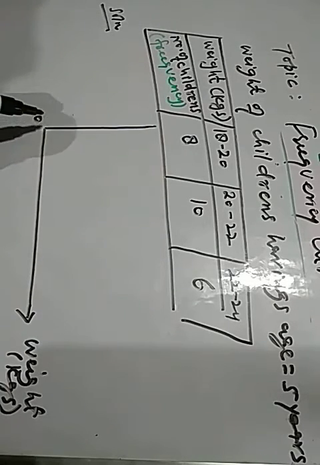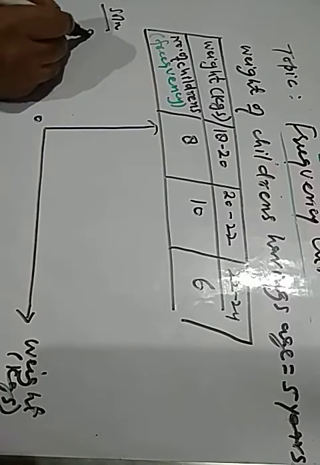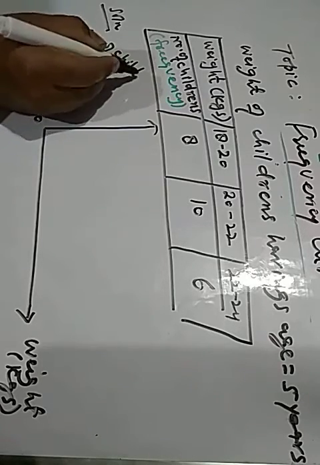Here the variable is weight in kgs. And on vertical axis, we take the frequency of the variable, which is number of children.